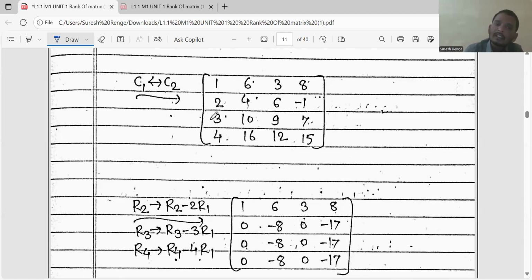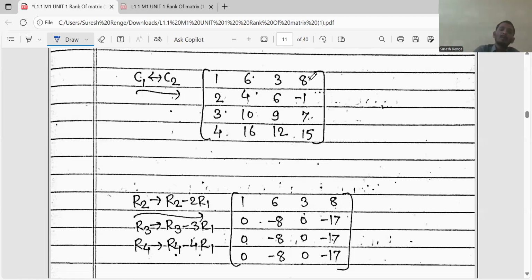Means we have to make 2 into 0, 3 into 0, 4 into 0. And at the same time, the elements on the left-hand side of this row, that is 6, 3 and 8, we also have to make 0. The elements below the leading element, and the elements beside it, we have to make 0.